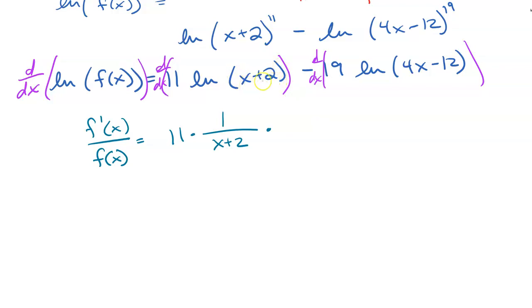So the derivative of x plus 2, which would be 1, right? And then minus 19 times 1 over 4x minus 12 times the derivative of my inside, which would be 4.